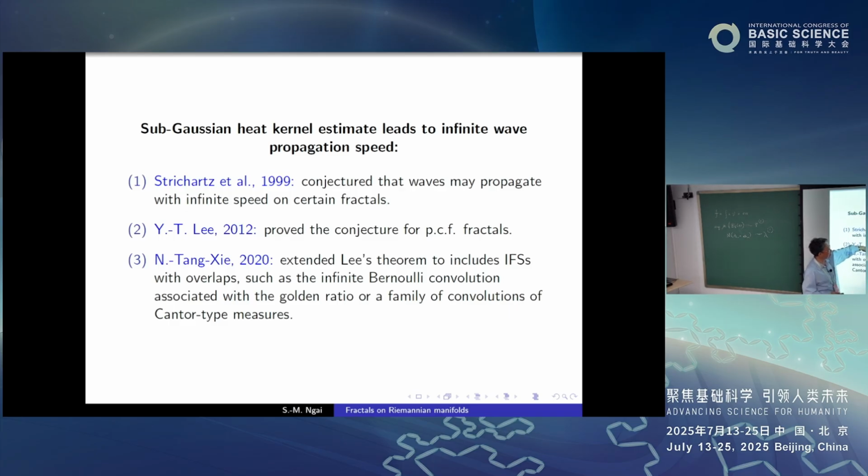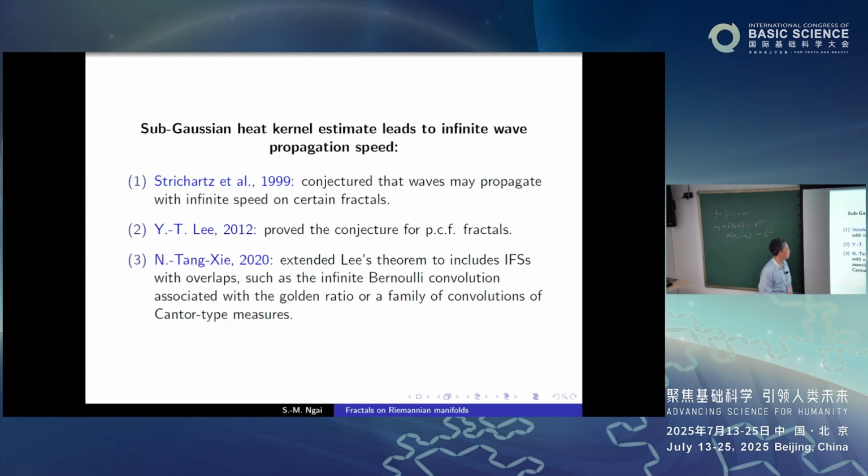For iterated function systems that do not satisfy the open set condition, like the infinite Bernoulli convolution that we mentioned, the PCF condition does not hold. But the proof is quite robust, and we can easily extend this theorem to include iterated function systems with overlaps.